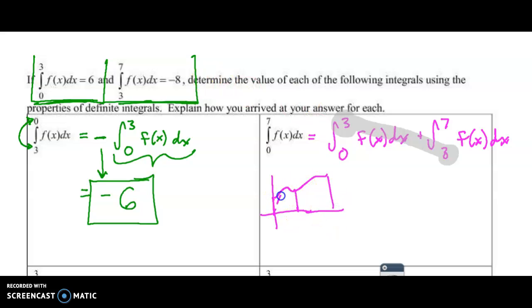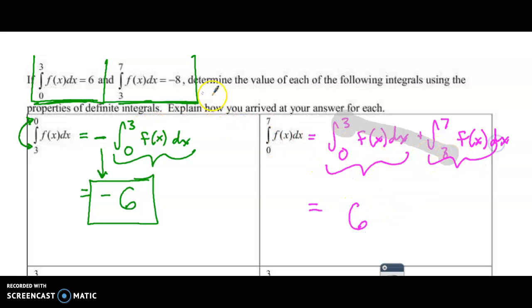But all I'm doing is splitting those answers up. So what it boils down to, following straight from our rules, is from 0 to 3 is 6, and from 3 to 7 is negative 8. And 6 plus negative 8 gives me an area of negative 2.